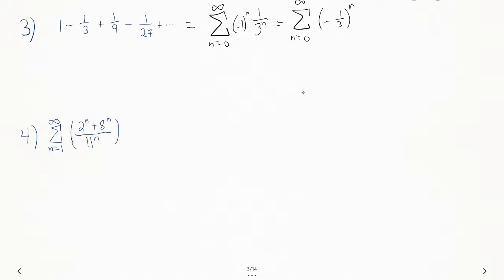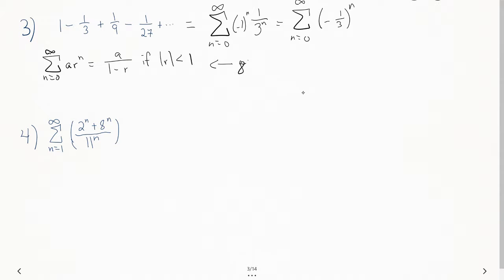Recall that this is one of those summations: you have a times r to the n, and when n equals 0, this is a over 1 minus r if the absolute value of r is less than 1. Otherwise, if n equals 1, you might have an a r to the n minus 1 formula. Notice the absolute value of r is less than 1. By the way, this is called a geometric series.